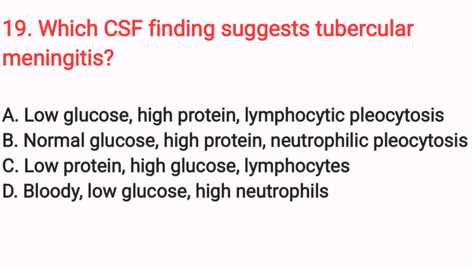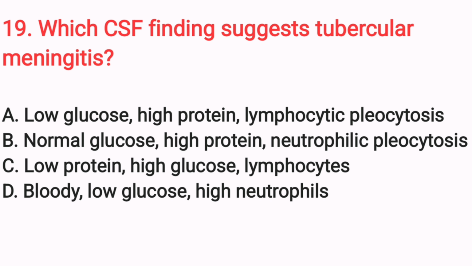Next, which CSF finding suggests tubercular meningitis? Option A, low glucose, high protein, lymphocytic pleocytosis. Option B, normal glucose, high protein, neutrophilic pleocytosis. Option C, low protein, high glucose, lymphocytes.